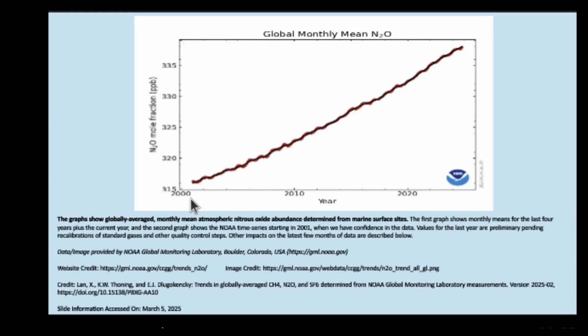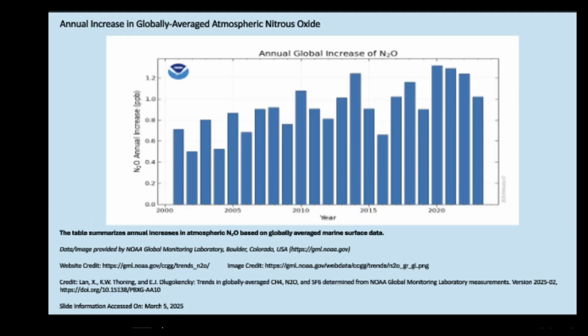And from 2001 through 2024, its concentration has grown substantially. The annual global growth rate for nitrous oxide from 2001 to 2024 is positive each year. Therefore, more is accumulating in the atmosphere not only annually, but also over many decades.